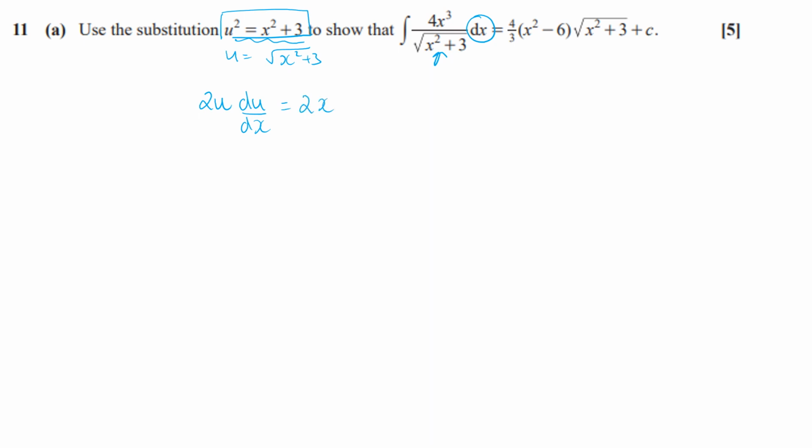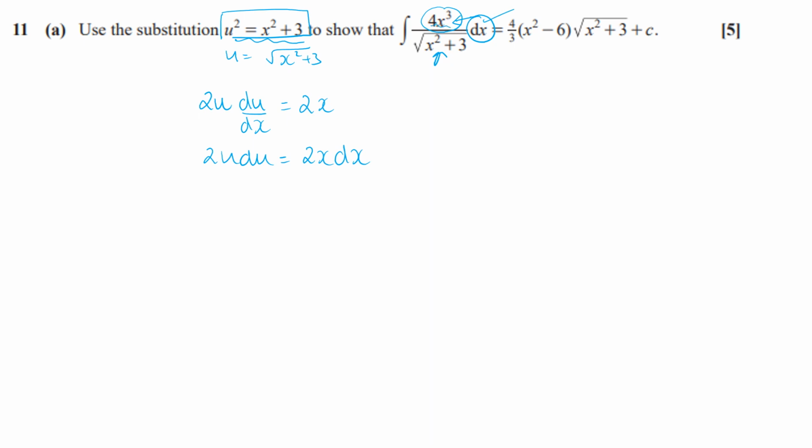So now I want to know what dx is worth, and because part of this numerator involves an x, what I can do is say that 2u du is worth 2x dx. So I've got the dx and I've got part of that numerator.